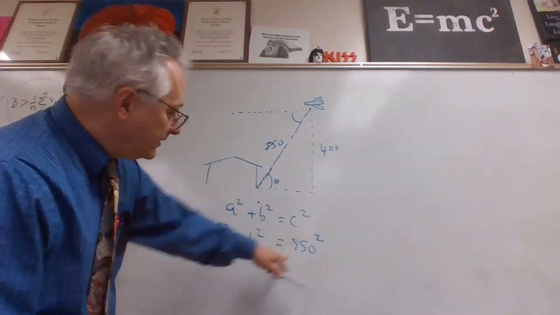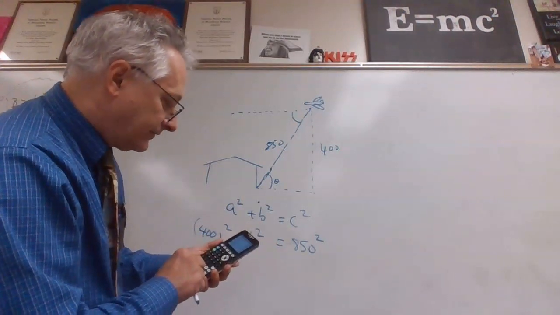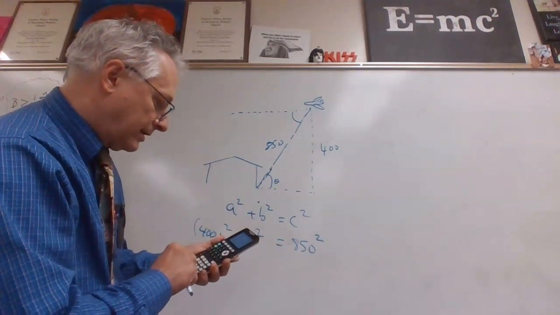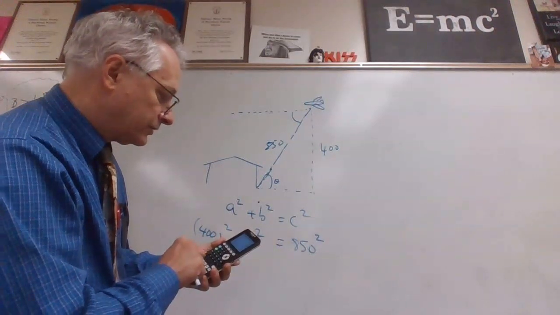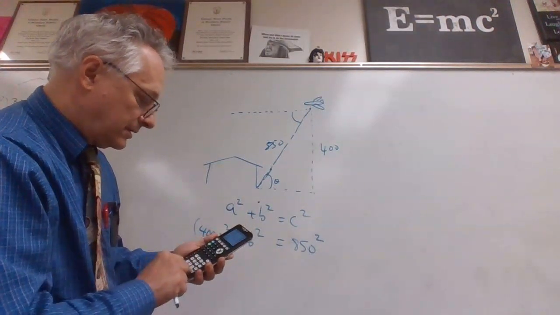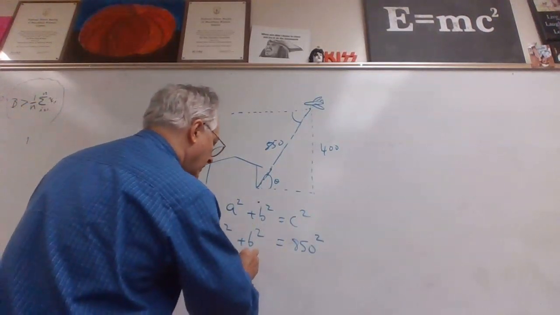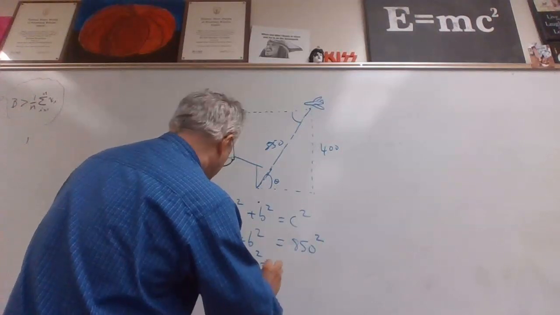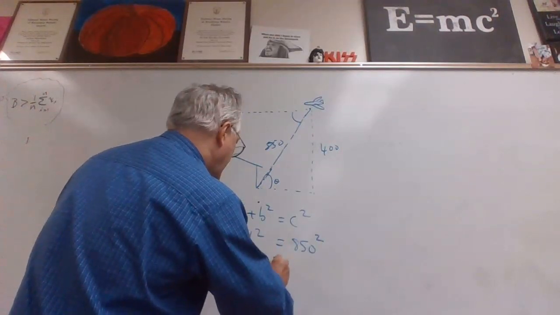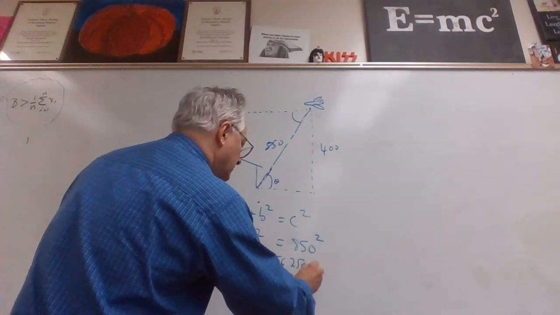So I'm going to do 850 squared and then subtract 400 squared. So 850, square that, minus 400 squared, and I get b squared is equal to 562,500.